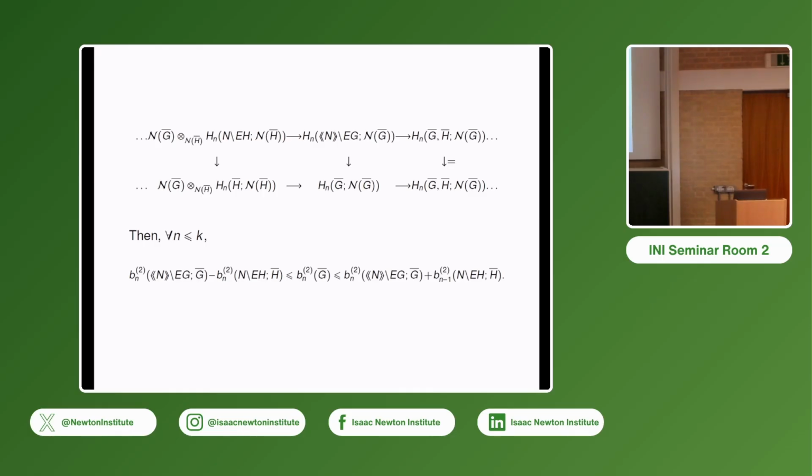So what I get is that the L2 numbers of these are the same as the L2 numbers of these, which are the same as this. Now I can truncate this long exact sequence into pieces. The right side truncation will give me this inequality. The left side truncation will give me this inequality. So that's step one. We related the L2 numbers that we wanted to relate.